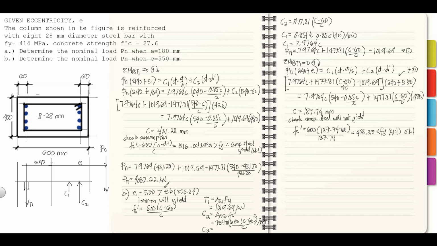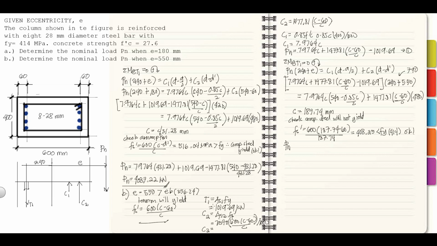Okay? Ang actual stress. Kaya, okay po. No? Tuloy na natin. We can now solve the Pn. Okay? What if hindi siya naging okay? Pag ang lumabas dito, nag-yield siya, so papalitan mo yung C2 dito. Instead of C minus 60 over C, instead of multiplying Fs na ito, so gagawin mo, use Fy as your Fs here in C2.